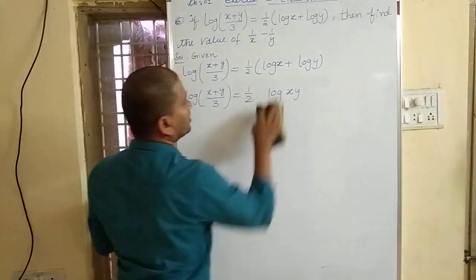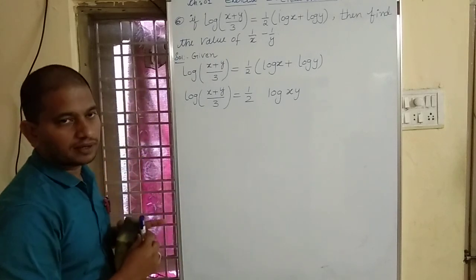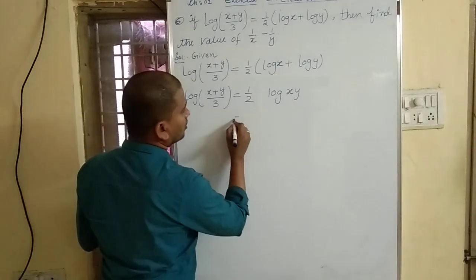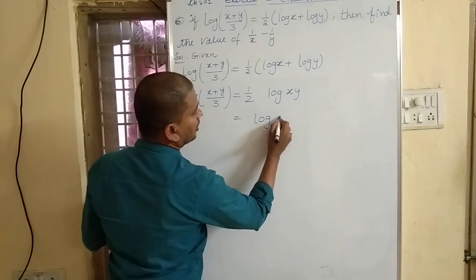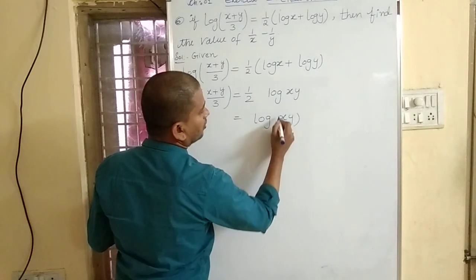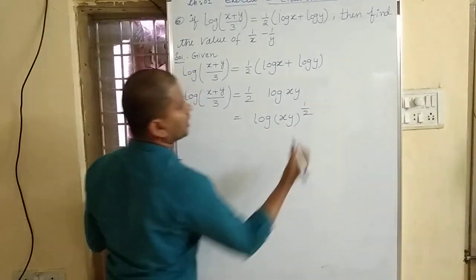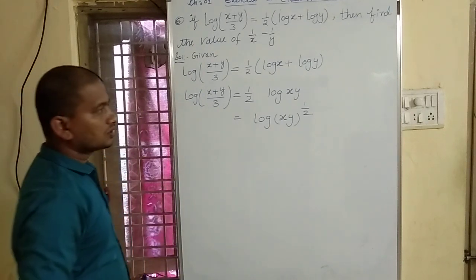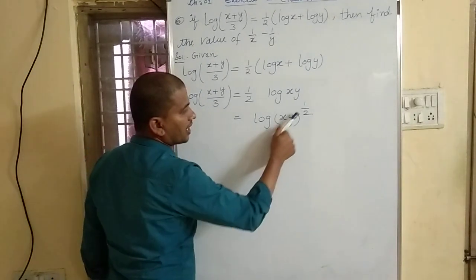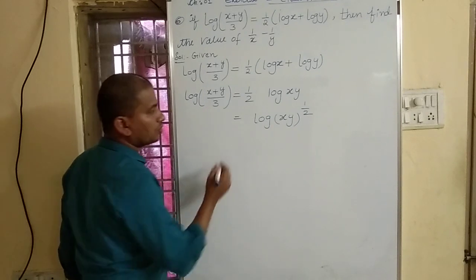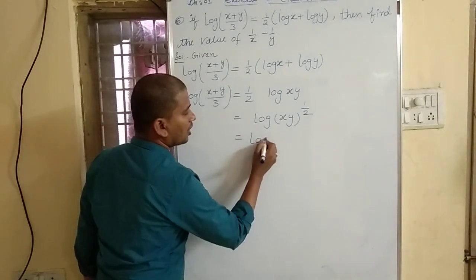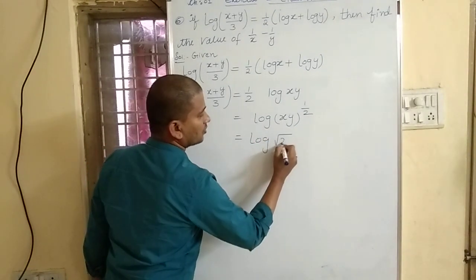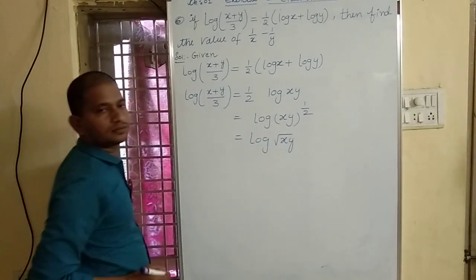Removing the bracket, 1 by 2 into log xy, I can write as log xy to the power 1 by 2, that is log root xy, since the power 1 by 2 means root xy.